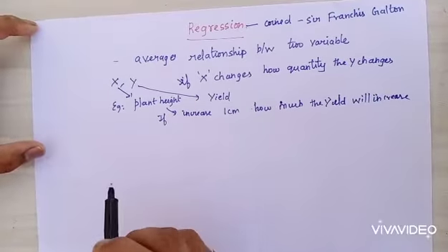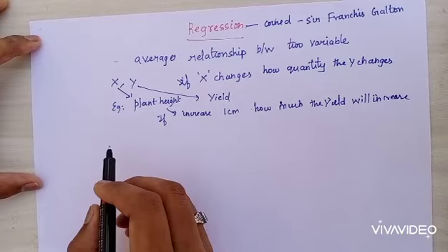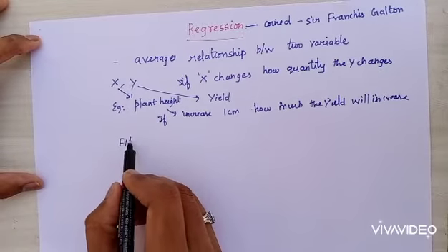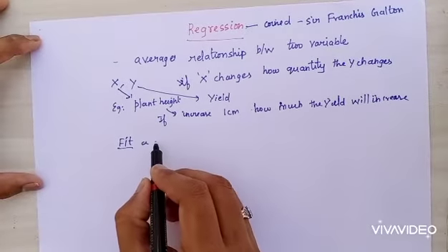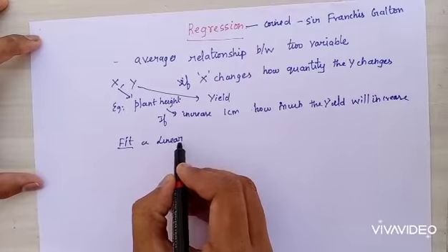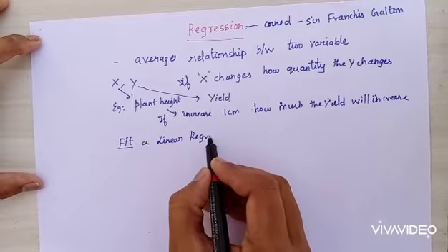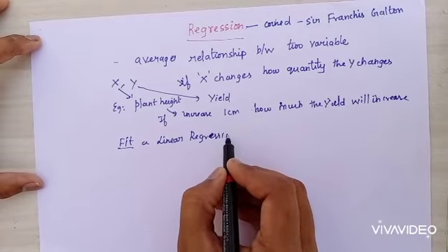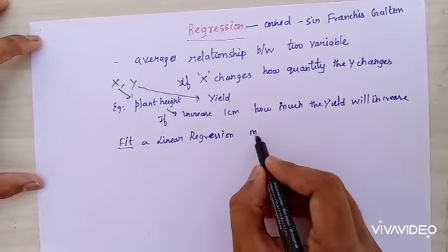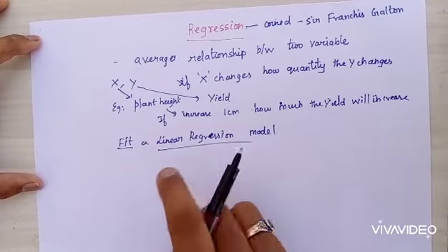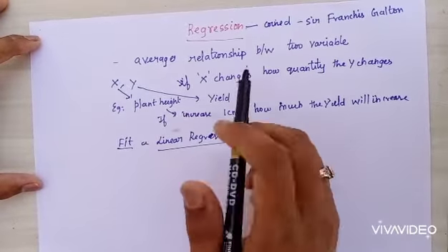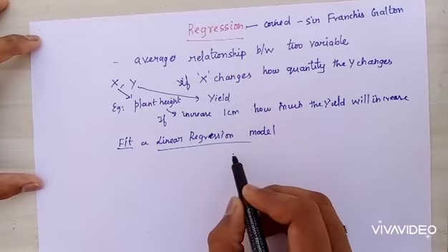So this relationship we can find by fitting a model, a linear regression model. By fitting the linear regression model we will find this average relationship. There are two models.